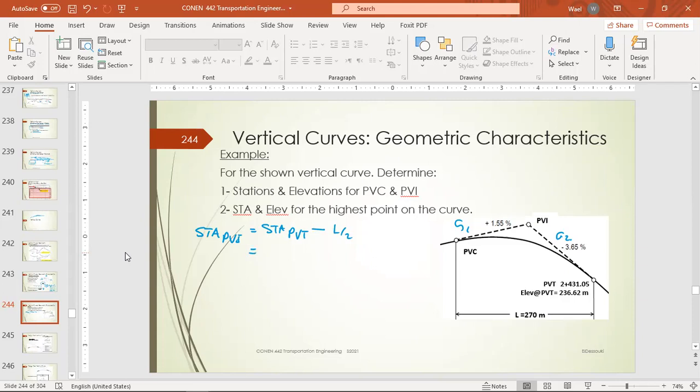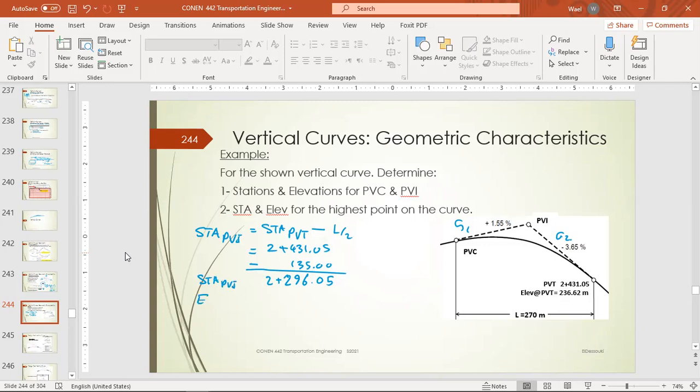It equals 2 plus 431.05 minus L over 2, which is 135. So here 5, 0, and here 6, 9, 2 plus 2. So this is the station of the BVI.